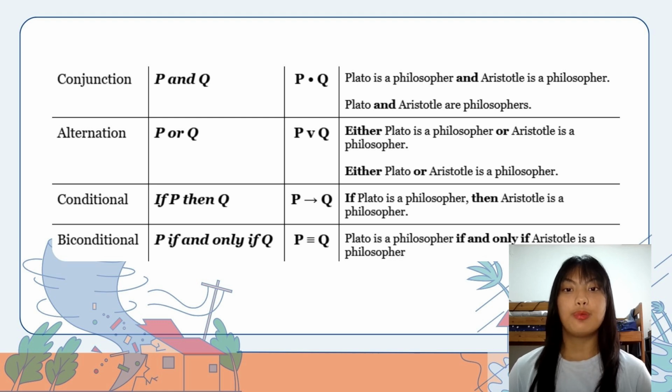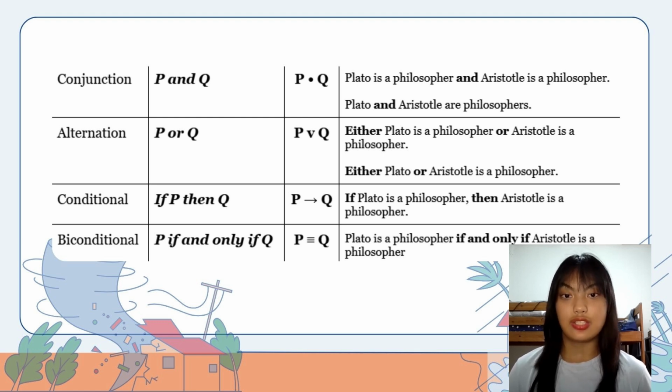This is then how we represent a conjunction to reveal its logical structure. P dot Q then takes the place of the compound statement: Plato is a philosopher and Aristotle is a philosopher. Or to shorten it, Plato and Aristotle are philosophers.